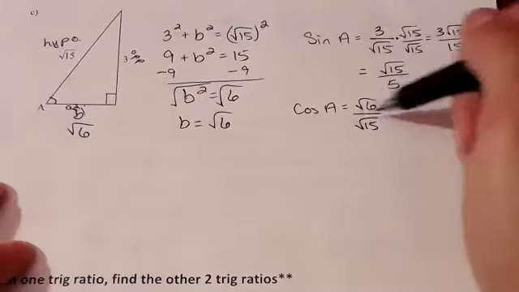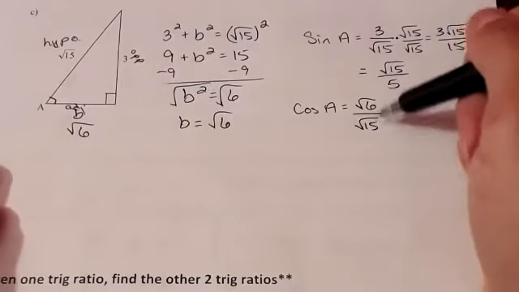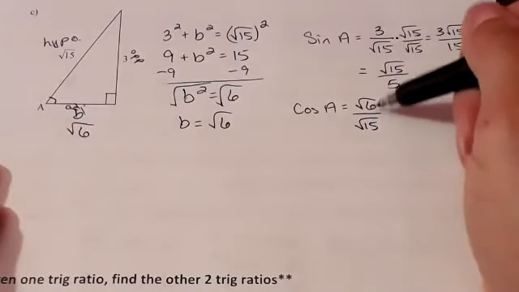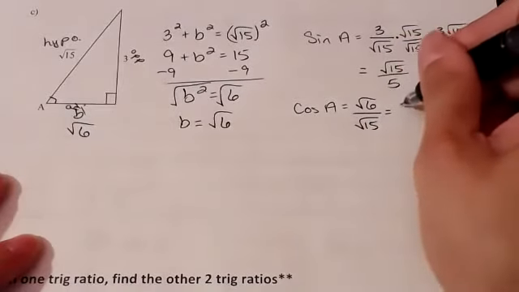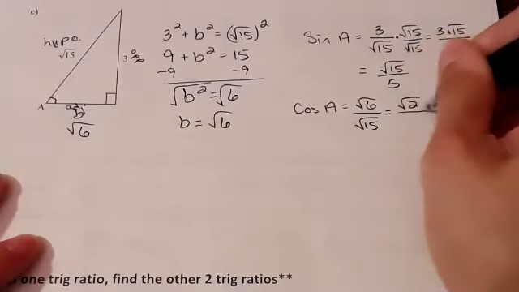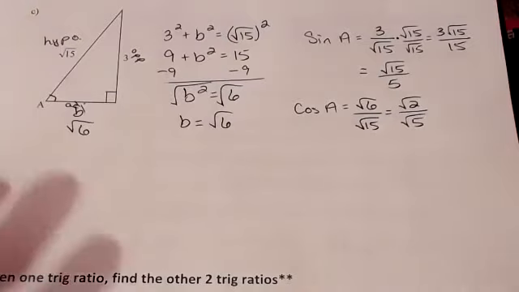We learned that a fraction of square roots is the same as the square root of a fraction. So I'm actually going to reduce here. I can divide both of these by a 3. So that's the first thing I'm going to do. So dividing both by a 3 leaves me the square root of 2 over square root of 5, right? But we have to rationalize. We're not going to leave a square root in our denominator.